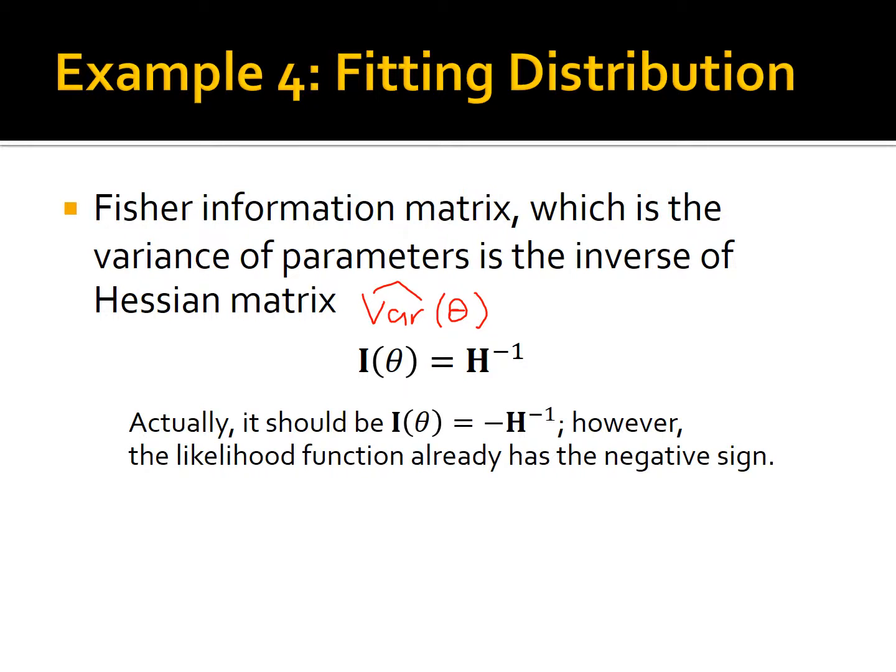But if you go to the statistical textbooks, you see that the Fisher information matrix is equal to the negative of the inverse of the Hessian matrix. However, we already provide the likelihood function that we want to find the minimum of, which has the negative sign. So that's why we don't need the negative sign over here.